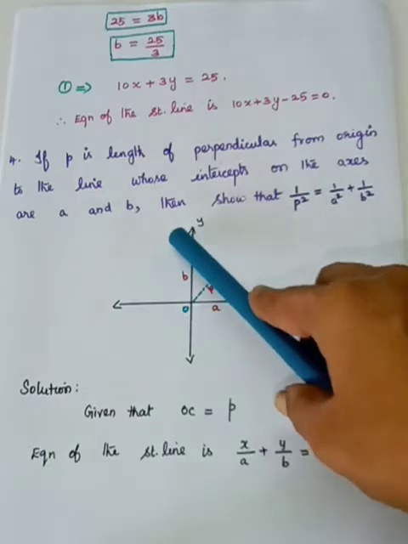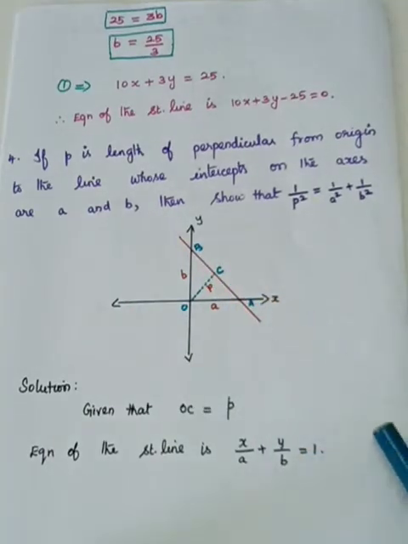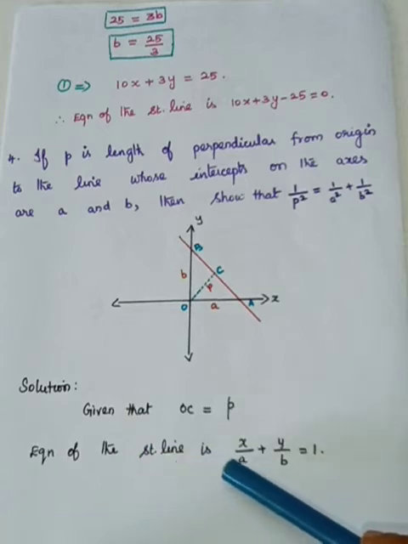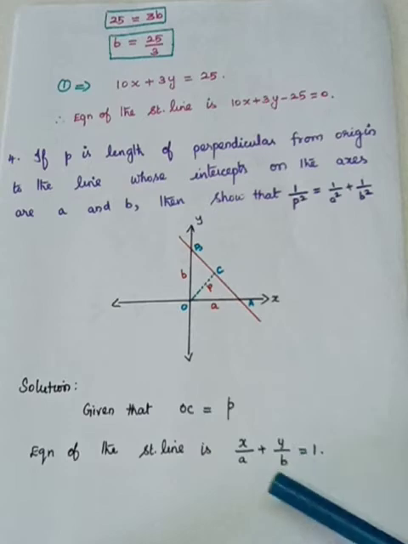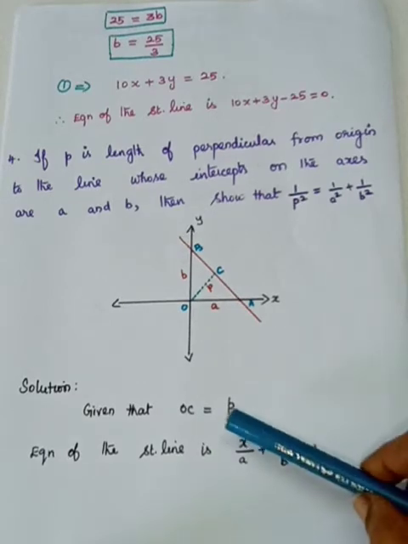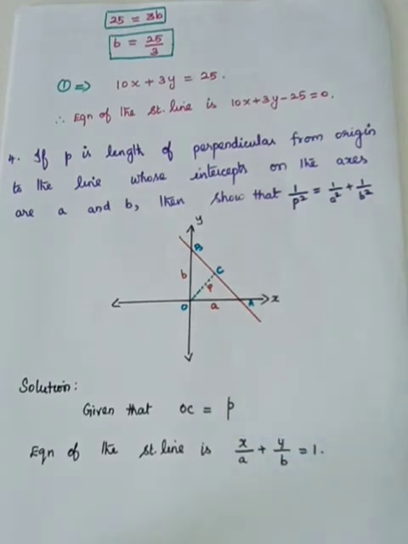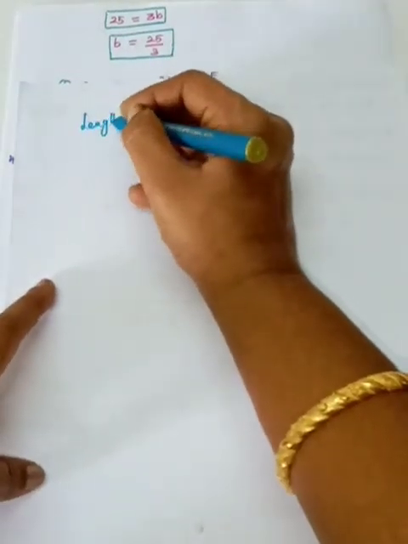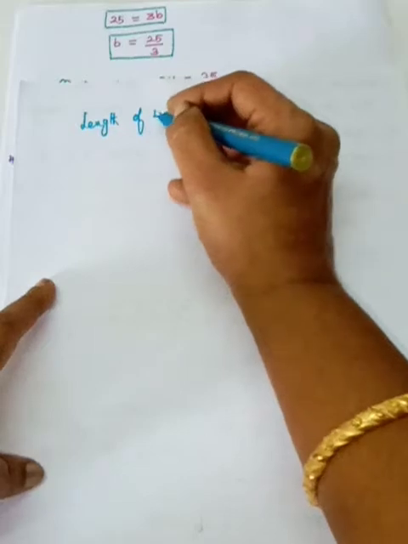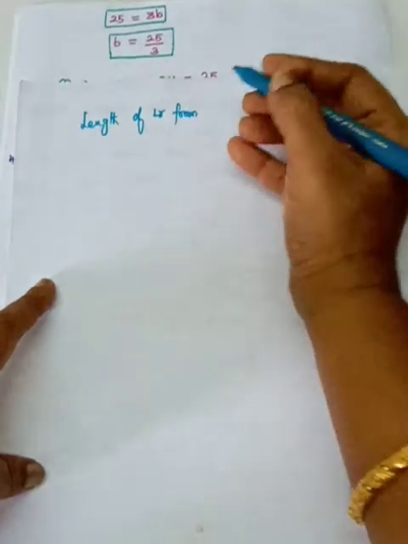Now we have to find the equation of the straight line. Here intercepts are used, so we have taken the equation of the straight line as x by a plus y by b is equal to 1. The straight line is given, and p is the length of the perpendicular from the origin to the straight line. Now how to find the length of the perpendicular from the origin or from any point?